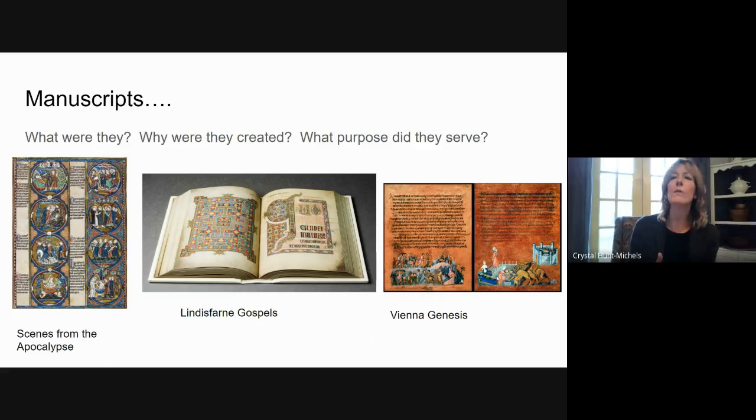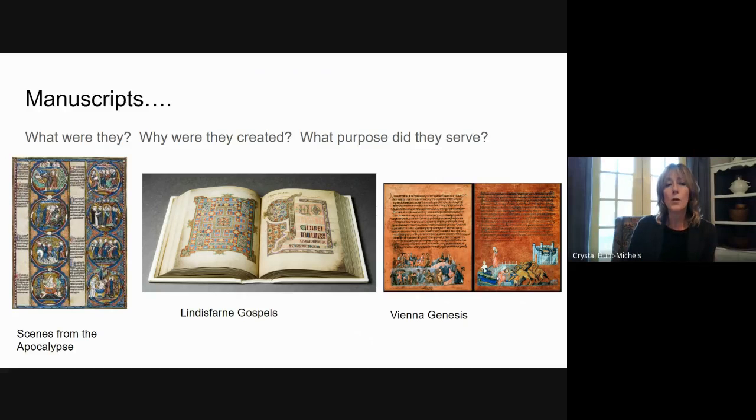So you either found them within the church, for priests to use, but you would also find them as personal manuscripts that were developed for a specific patron. And of course those patrons were usually of upper status, some sort of elite status, because manuscripts were extremely expensive to make.